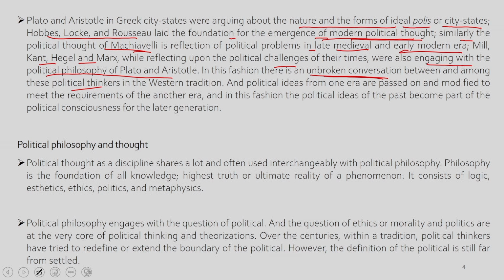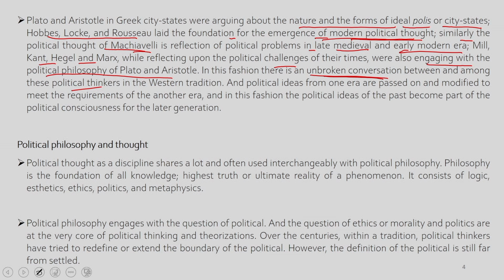And philosophy, as you know, is regarded as the foundation of all knowledge. So, in any discipline, philosophy is regarded as the ultimate source of knowledge about the object. It is true in the natural sciences, and it is true in the social sciences.